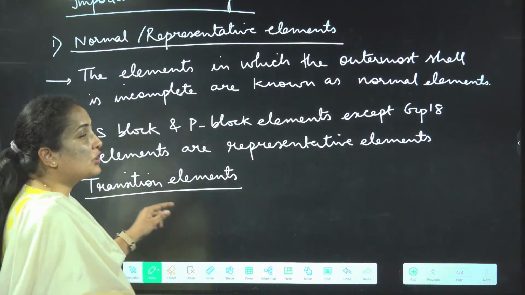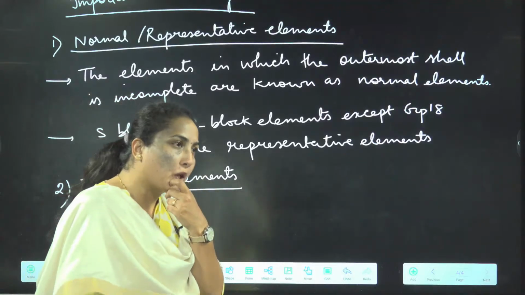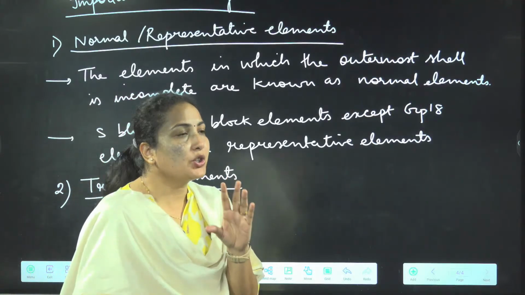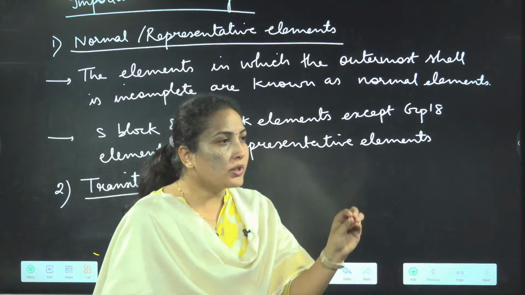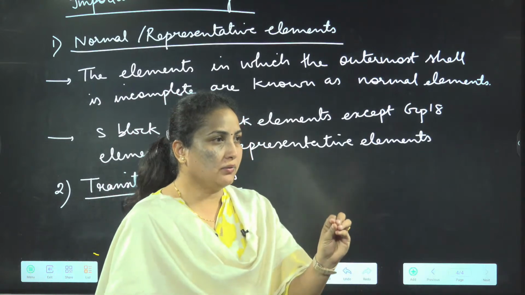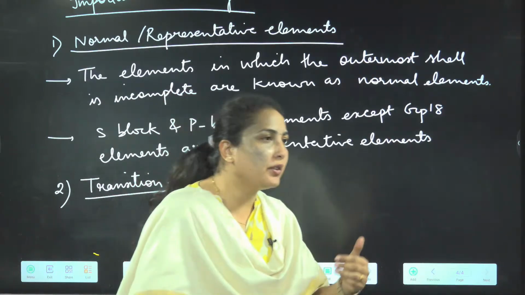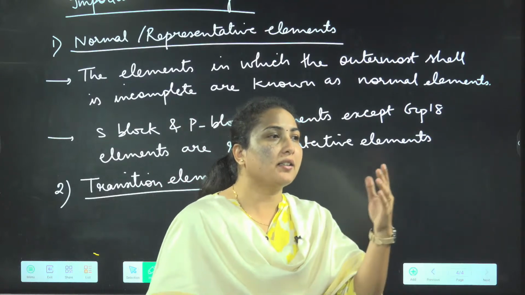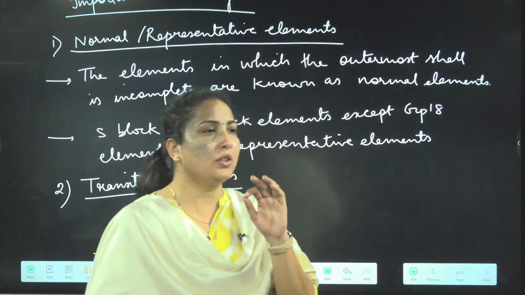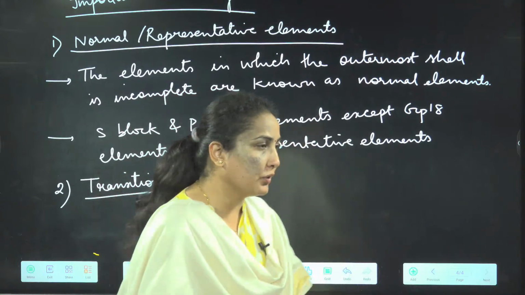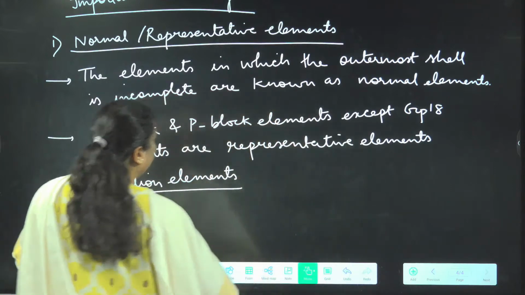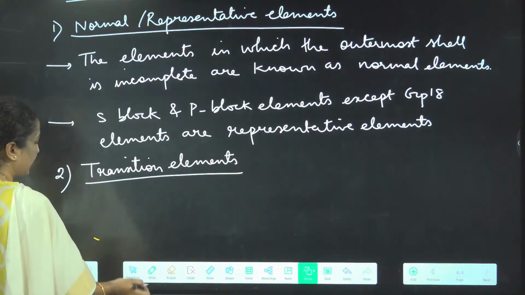Okay. So transition elements, later on the definition was modified, that basically transition elements means only those d block elements in which there is a partially filled d orbital either in their ground state or in any of the stable oxidation states. Okay. So we are going to write down that. Hopefully people have written this normal or representative one.